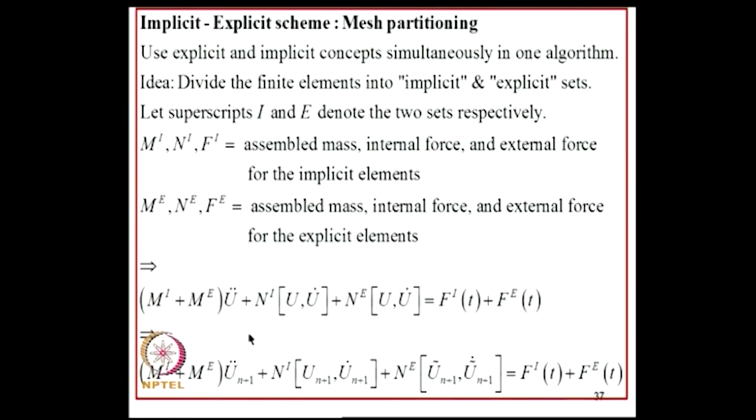So, the equation of motion can now be written as (Mi plus Me) u double dot plus Ni(u, u dot) plus Ne(u, u dot) is Fi(t) plus Fe(t). This is simply rewriting the equation of motion without making any approximation. The approximation is displayed here. For the implicit part of the mesh, I will use the current states u n plus 1 and u dot n plus 1. For the explicit parts, I will use the predictors.